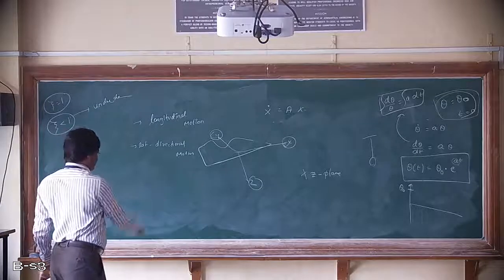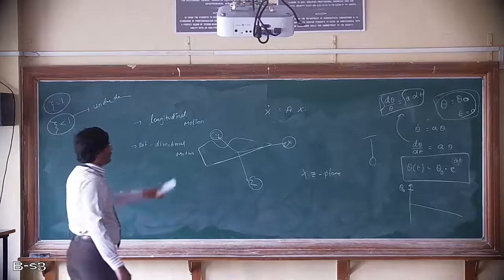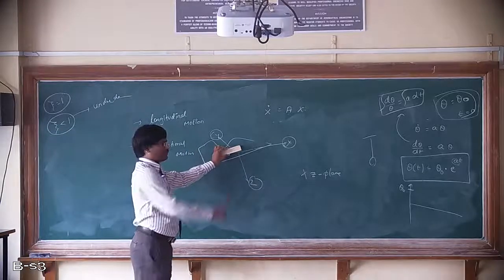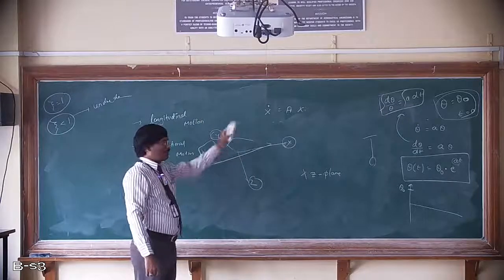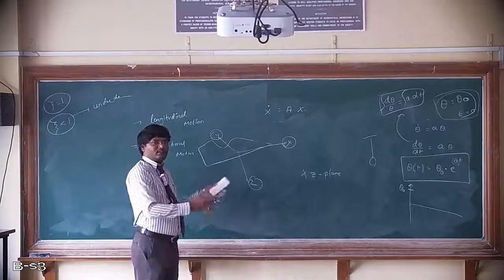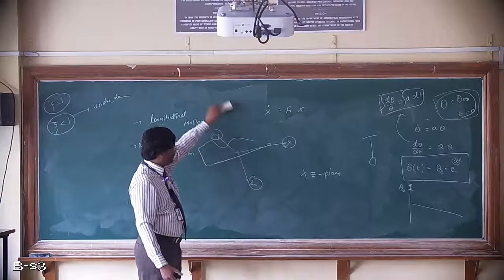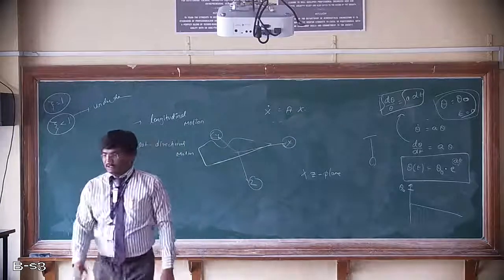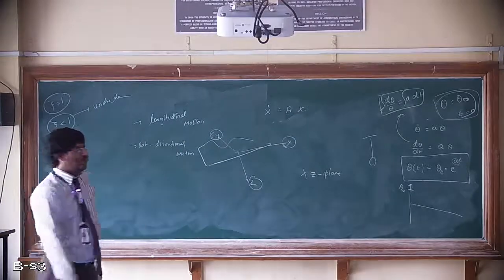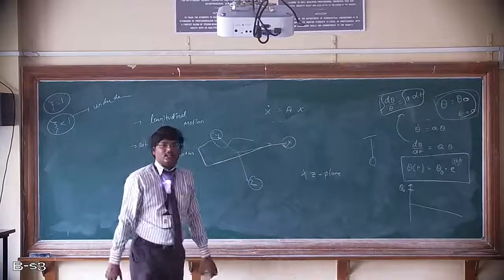This blackboard is the xz plane, so if you put the aircraft here, half of the aircraft you will see on this side and half behind this wall. So this blackboard divides the aircraft into two equal parts. Motions along the xz plane are called longitudinal motions. Motions away from the xz plane are called lateral directional motions.